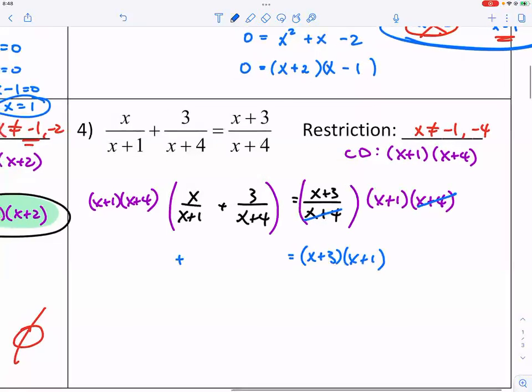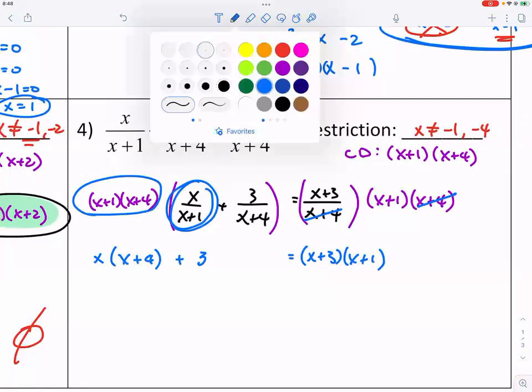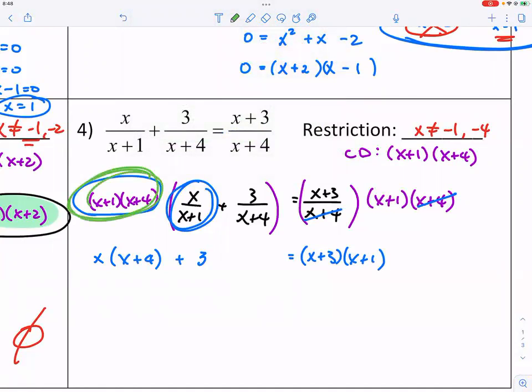On the left, when you multiply this with this fraction, the x plus 1 would get canceled out. So you have x times the remaining factor, that is x plus 4. And then when you multiply this common denominator to the second fraction, the x plus 4 will get canceled out.